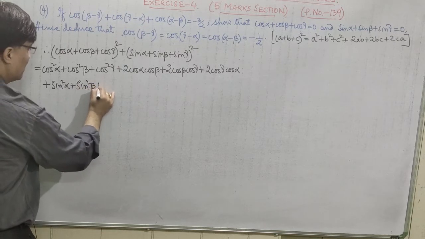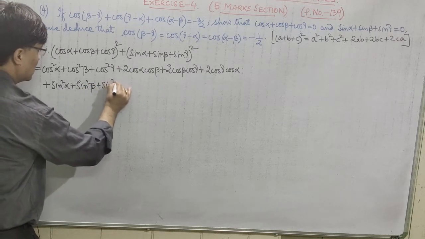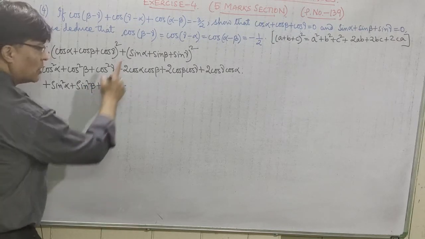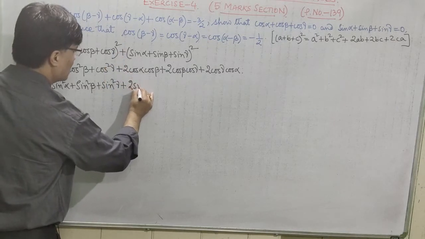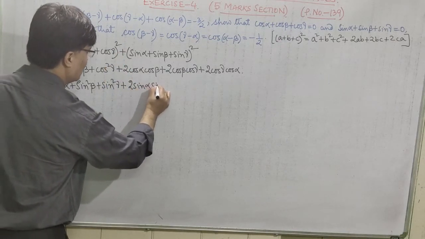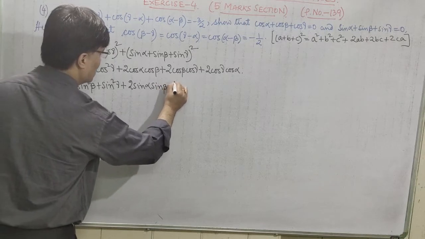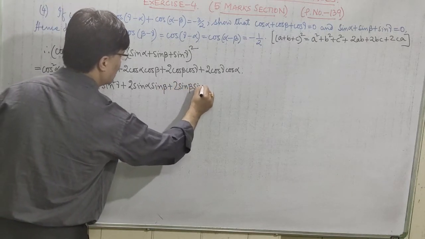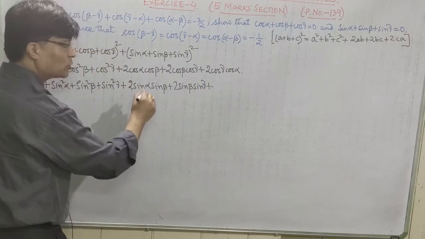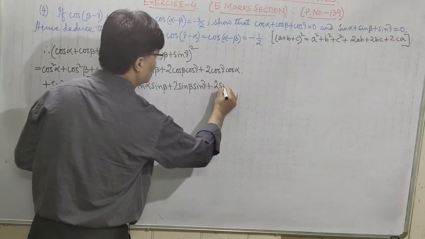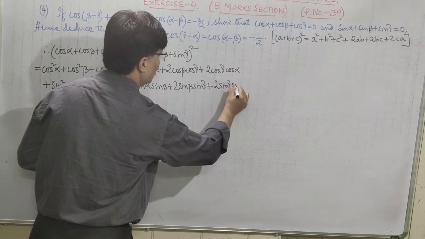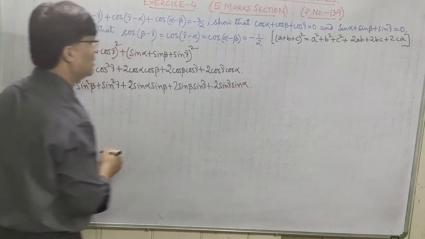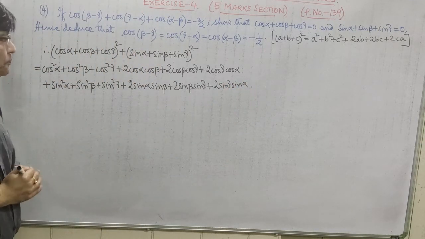Sin square beta plus c square, sin square gamma, plus what is twice ab? 2 sin alpha sin beta plus 2 sin beta sin gamma plus what is 2ca? 2 sin gamma sin alpha.